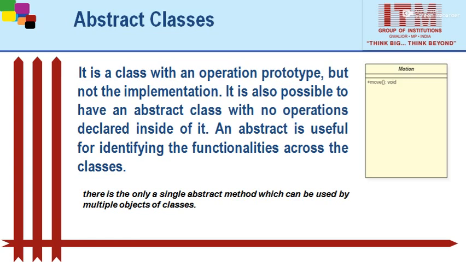Abstract classes. An abstract class is a class with an operation prototype, but not the implementation. It is also possible to have an abstract class with no operations declared inside of it. An abstract class is useful for identifying the functionalities across the classes.